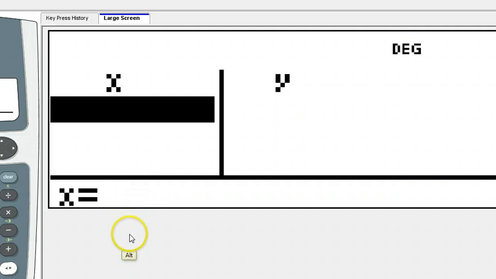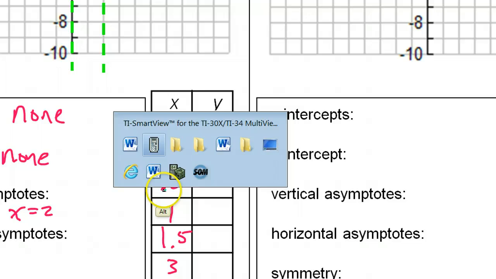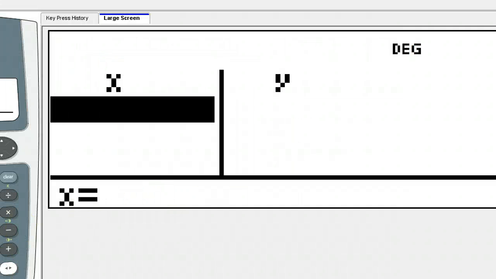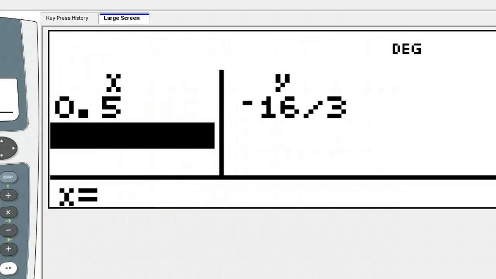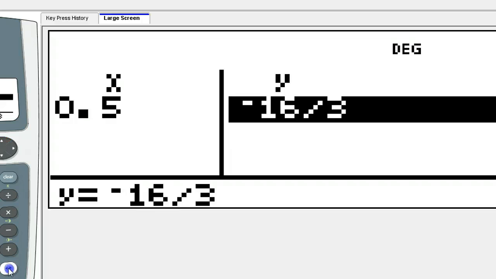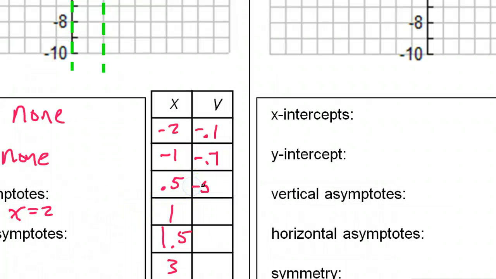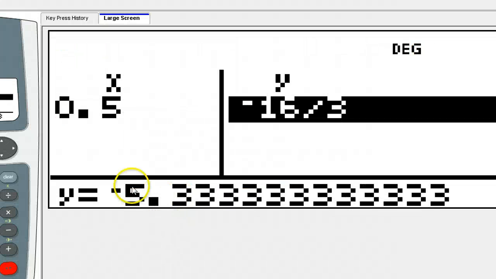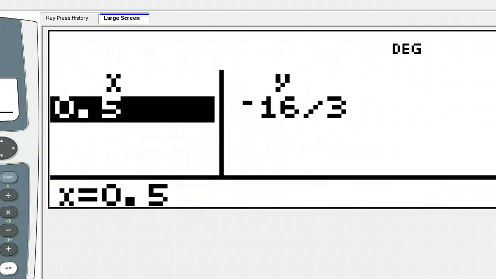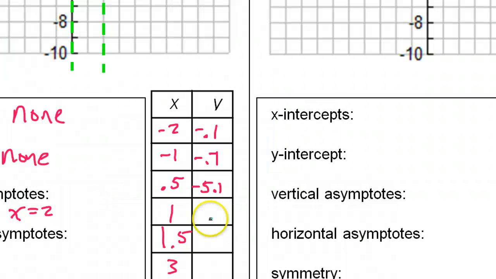So what it's waiting for is, if I want to do 0.5, now I can just type in 0.5 and hit enter, and it immediately gives me the y value that goes with it. So toggle it, that's -5.3. Okay, so if I type in 1, I get -2.